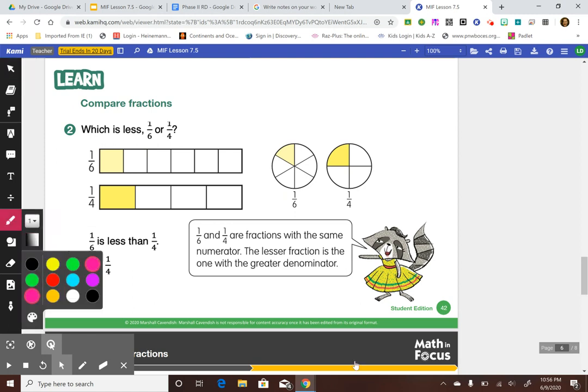So this is something you kind of have to remember, and you can always go back to drawing yourself a model if you forget. The lesser fraction is the one with the greater denominator.